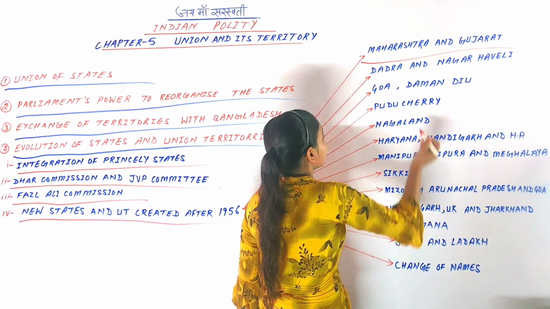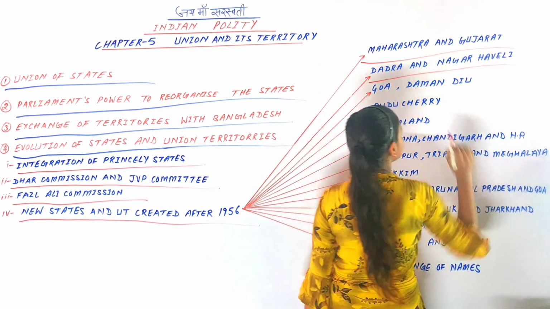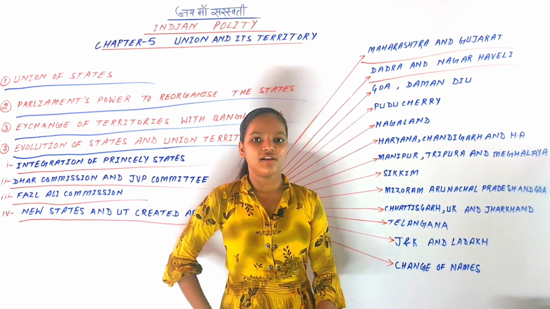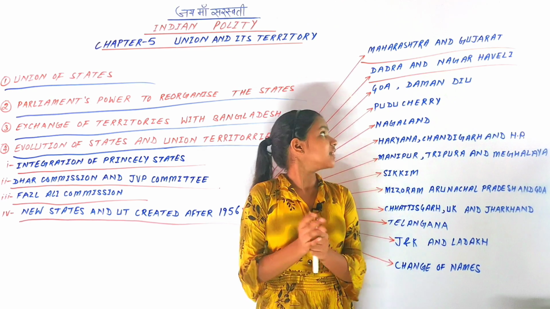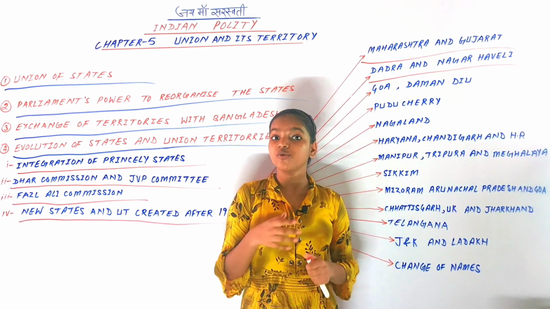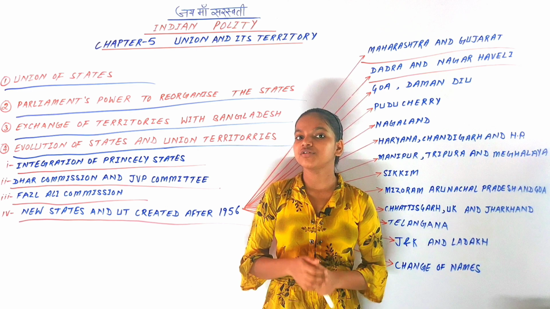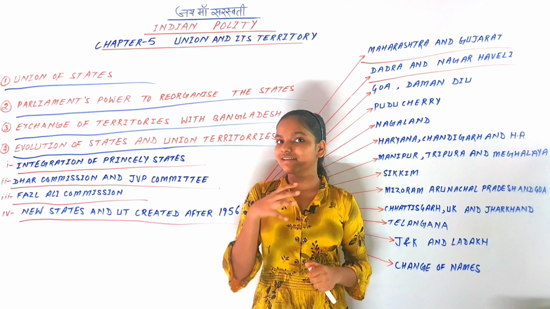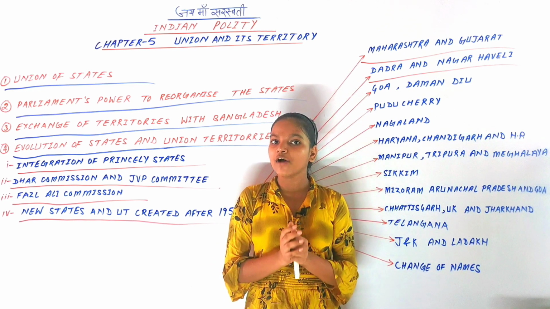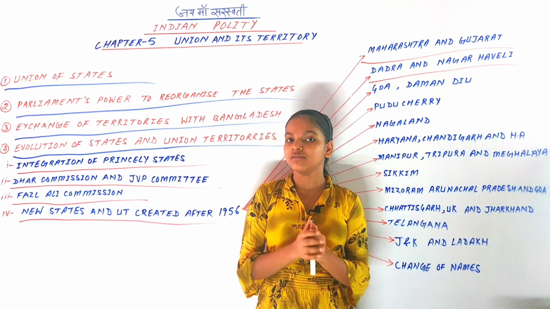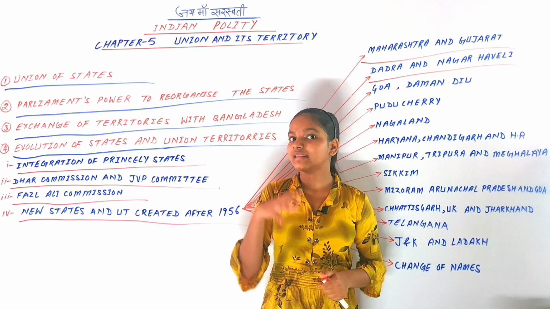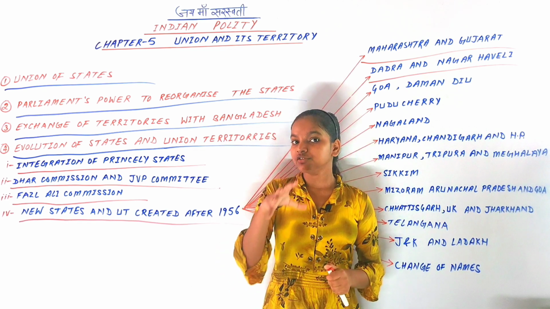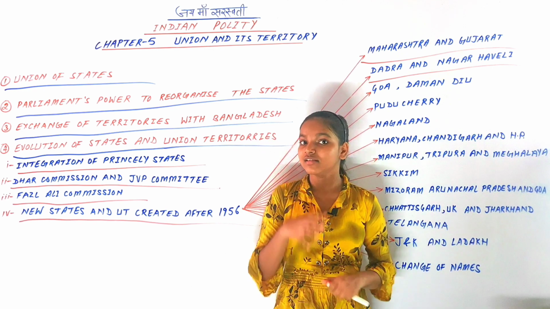The next is Dadra and Nagar Haveli. Dadra and Nagar Haveli was earlier ruled by the Portuguese till 1954, and after that the people chose an administrator, and that administrator ruled this territory.